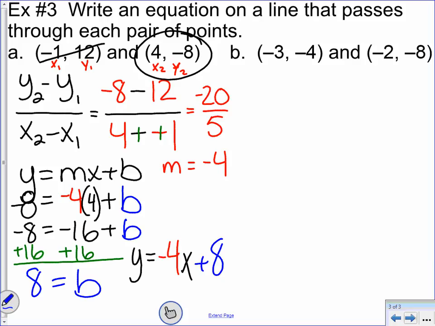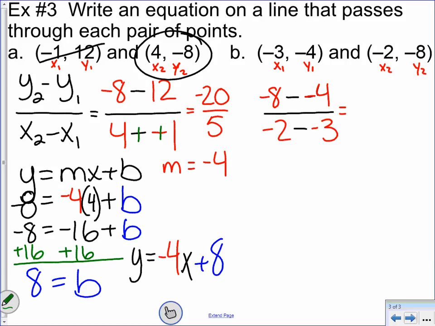And we'll do this one more time. So I'm going to plug in my points for x1 and y1, x2, y2. So to find the slope, I'll do negative 8 minus negative 4 over negative 2 minus negative 3.